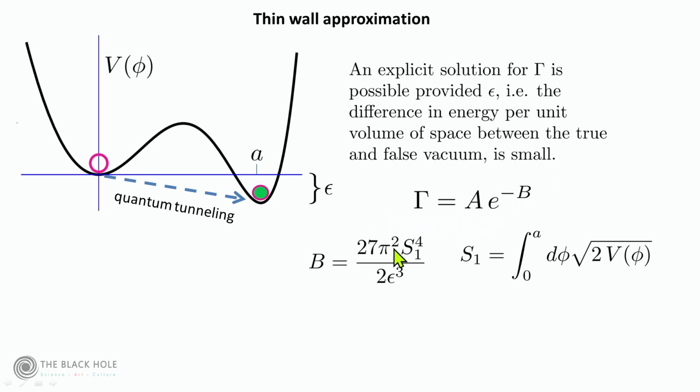This B is just proportional to the single instanton action to the fourth power divided by epsilon cubed. You see that if epsilon is small, B is large, which means you get a smaller transition probability, and this S1 is related to the shape of the potential. So that's where we are going to go. That will be the final result.